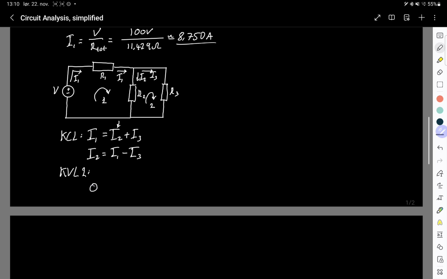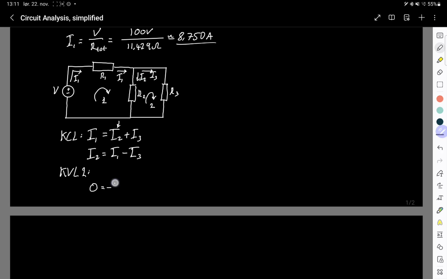So we'll write 0 because there's 0 voltage being generated here. There are just 2 resistors, and that is going to equal, let's begin on the left side. We've decided to go around this circuit in this fashion, so this way. That means we're going to go up through this resistor, and when moving up through it we meet I2 in the opposite direction, which means we just have to turn I2.